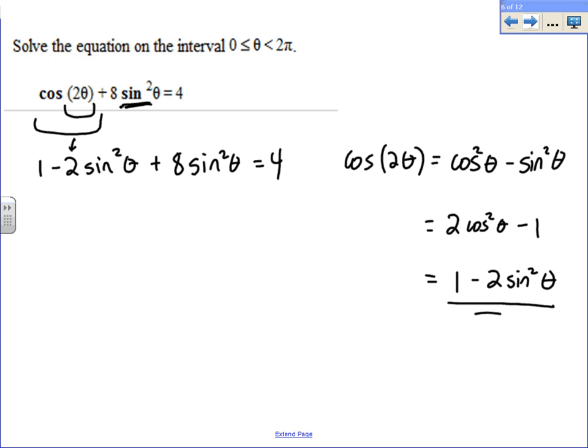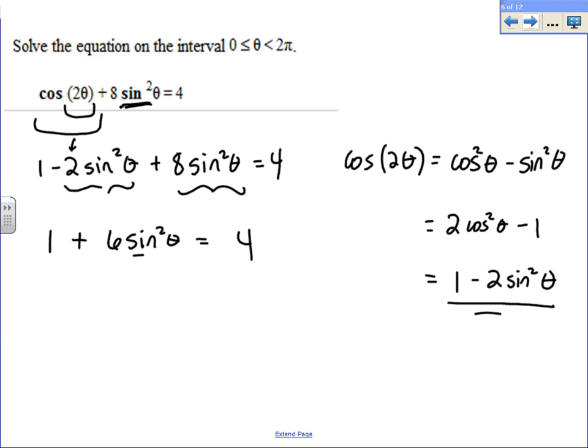Now notice these two expressions right there are like terms. That would be like negative 2x squared plus 8x squared. So negative 2 plus 8 would be 6. It would be positive 6. So it would be 1 plus 6 sine squared theta equals 4. Now notice that's really not that much of a quadratic form because it just has sine squared.